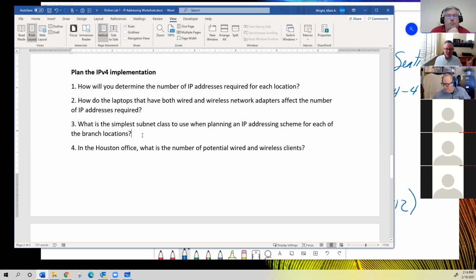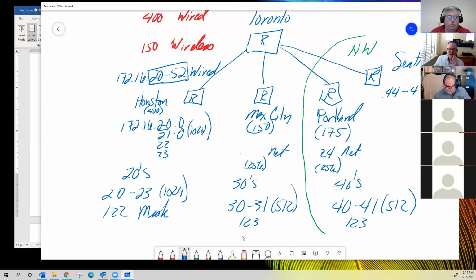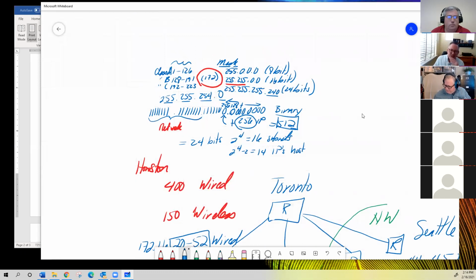Most people know of a class C, 256 addresses, /24 CIDR notation, which is 255.255.255.0. That's what they know. But as you've seen, this can be subdivided in various different ways.